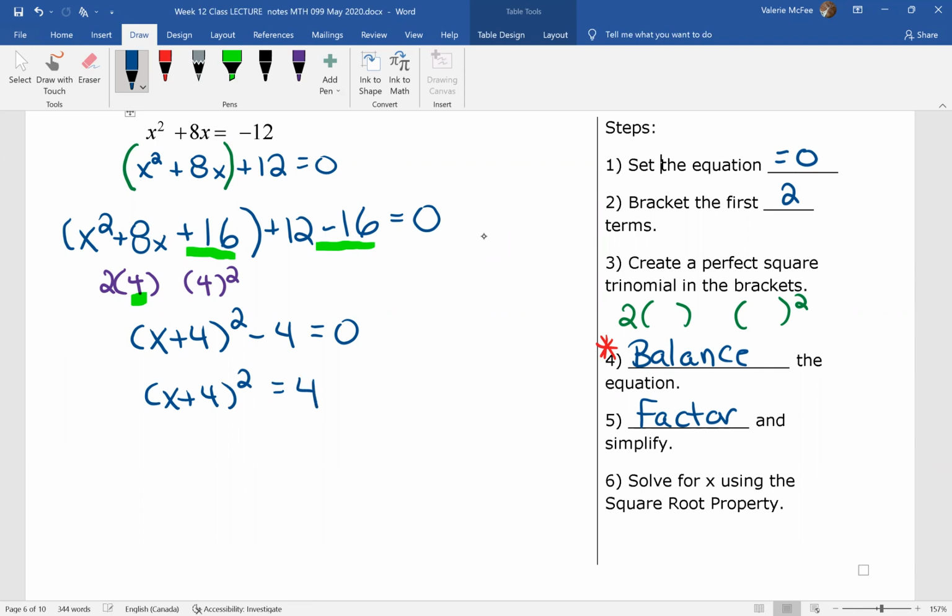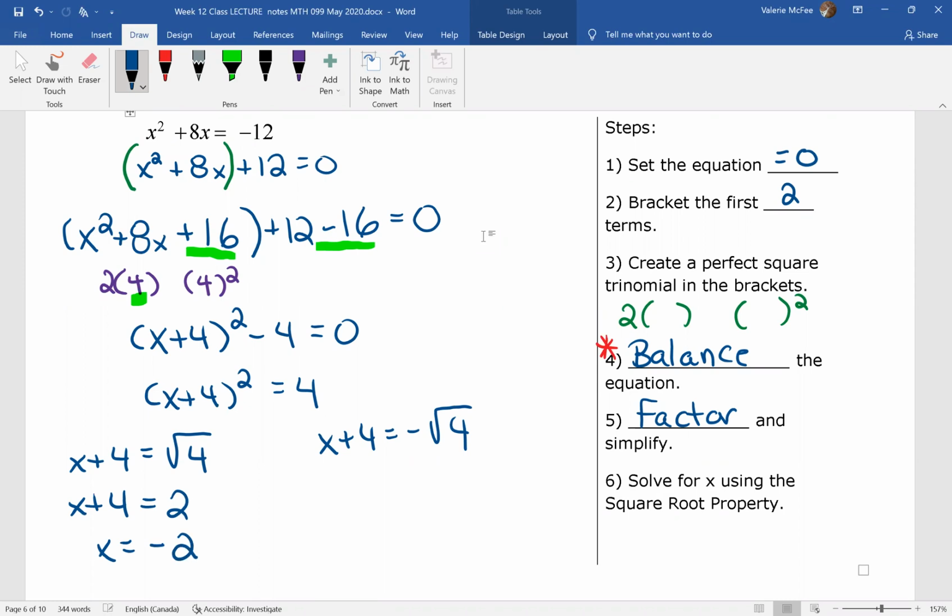And now we know when we take the square root of both sides, we have 2 equations. X plus 4 equals the square root of 4, and x plus 4 equals the negative square root of 4. When I subtract 4 from both sides, I see that x could equal -2. And here, -6.